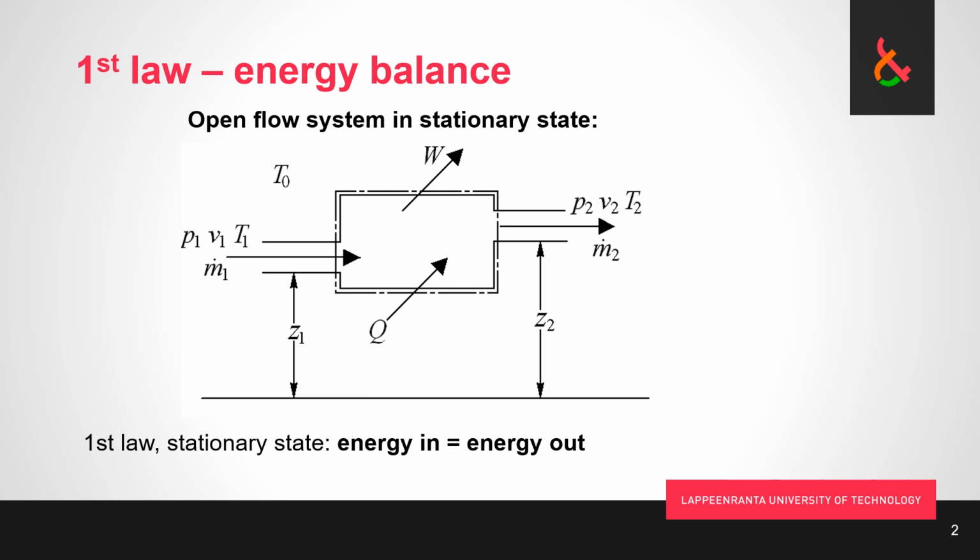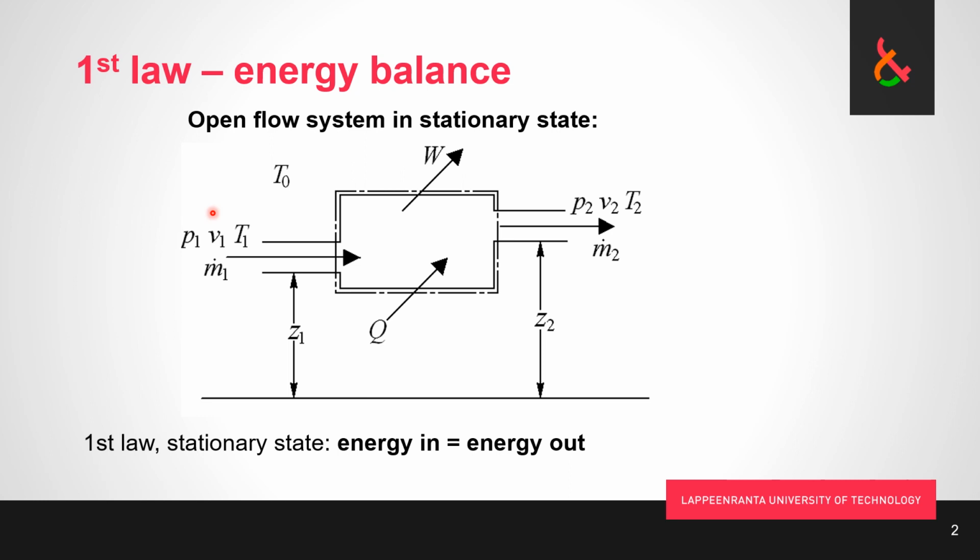We have two mass flows, one going in, number one, and then we have another one going out, number two. And with these mass flows, well, the mass is moving in and the mass has some state: pressure, volume, temperature. We remember from the Gibbs law that we need to know two state properties of a single pure substance so that the state is entirely set and we know what it is.